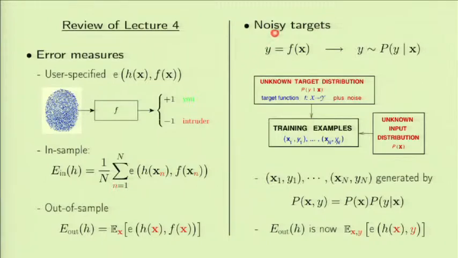The notion of noisy targets came from the fact that what we are trying to learn may not be a deterministic function, the only function in mathematics, where Y is uniquely determined by the value of X, but rather Y is affected by X. So Y is distributed according to a probability distribution which gives you Y given X. And we talked about, for example, in the case of credit application, two identical applications may lead to different credit behavior.